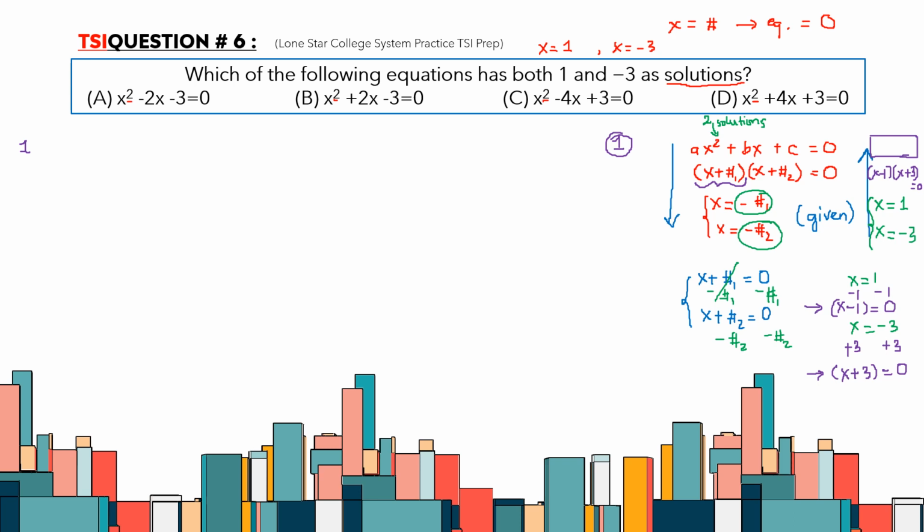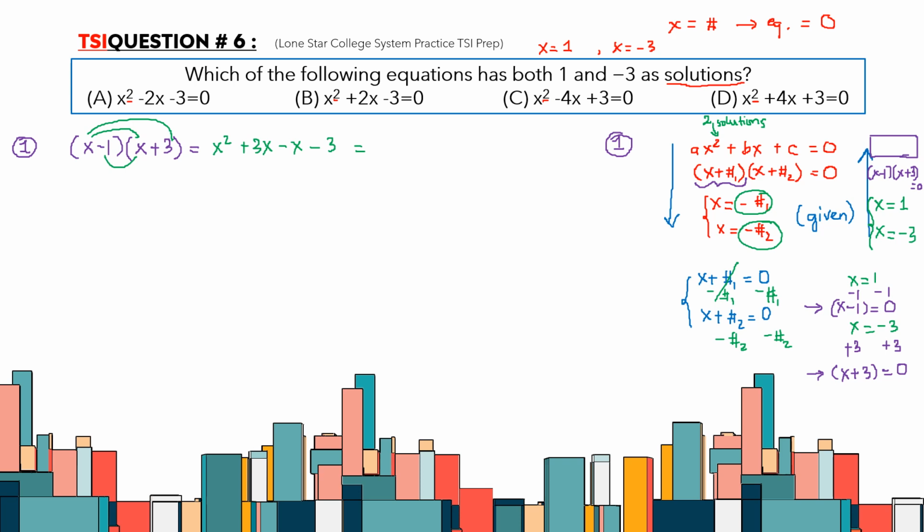So to continue, I have x minus 1 as the first factor times x plus 3 as the second factor, and I do the distribution. x times x is x squared, x times 3 is plus 3x, negative 1 times x is minus x, and negative 1 times 3 is minus 3.